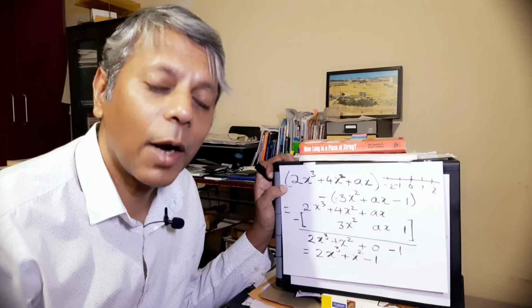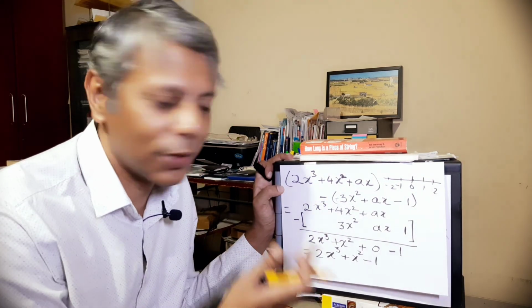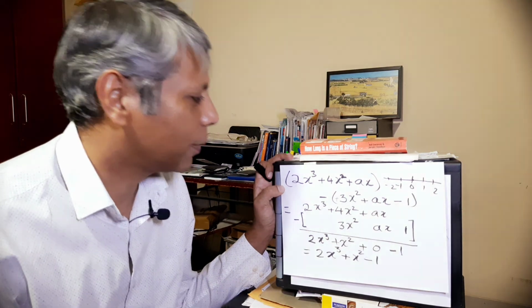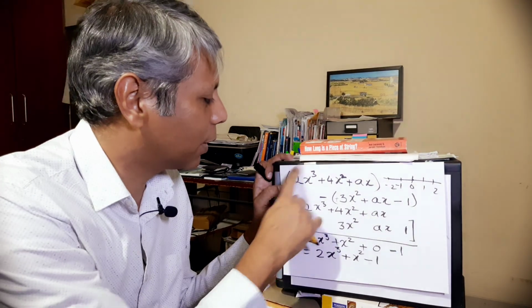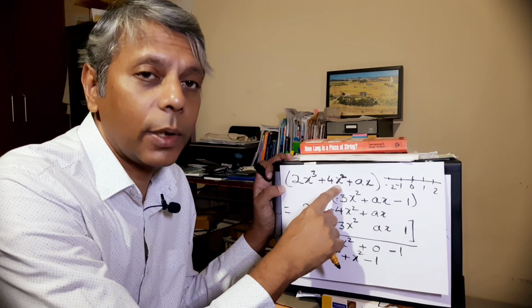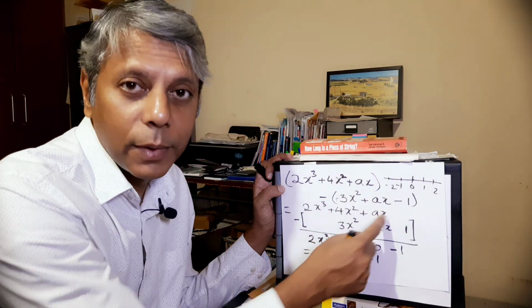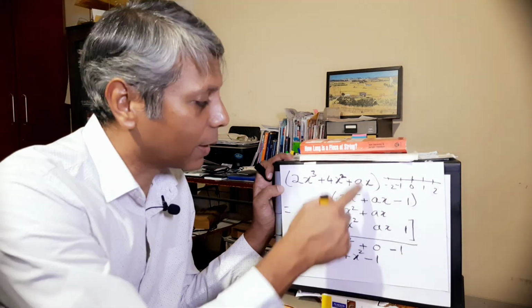Again, how can we check it? We just put x equal to 1 or 2. In this case, let's just put x equal to 2. If x equal to 2, how much is this? It's 2 into 8 plus 4 into 4 plus ax. But we know ax cancels out.